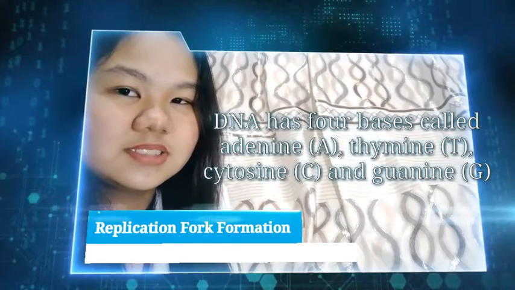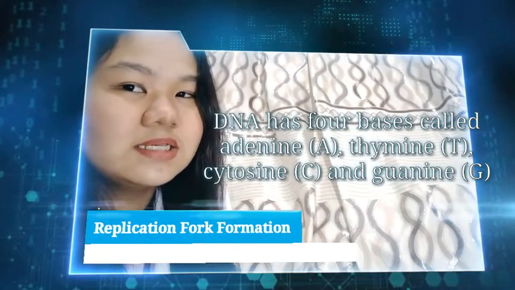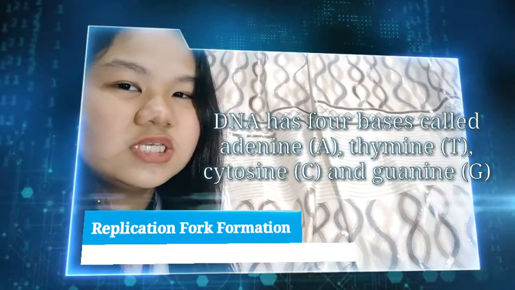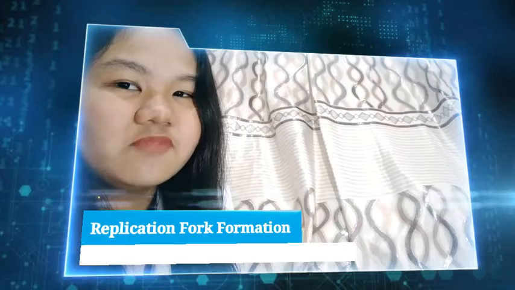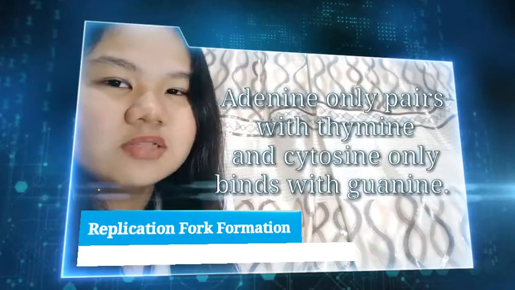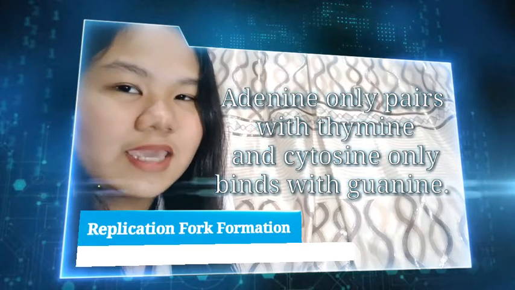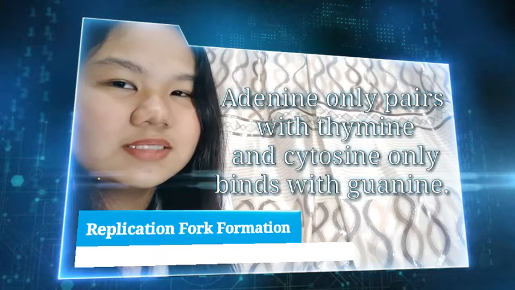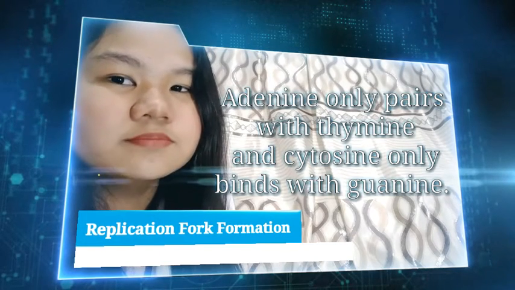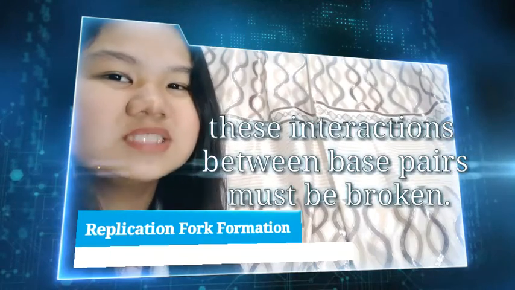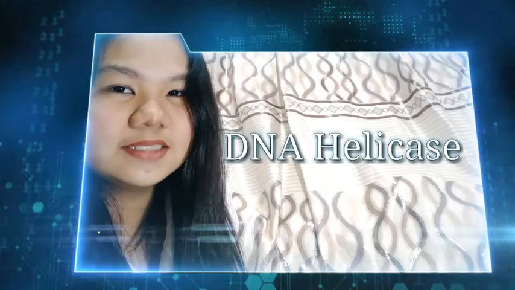DNA has four bases called A, adenine, T, thymine, C, cytosine, and G, guanine, that form pairs between the two strands. Adenine only pairs with thymine, or A to T, and cytosine only binds with guanine, letter C to letter G. In order to unwind DNA, these interactions between base pairs must be broken by an enzyme called DNA helicase.